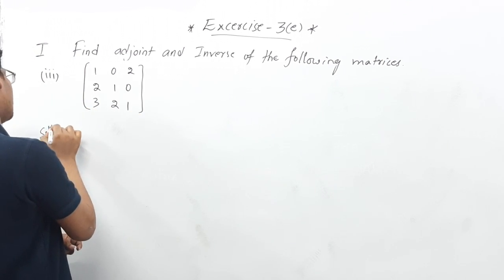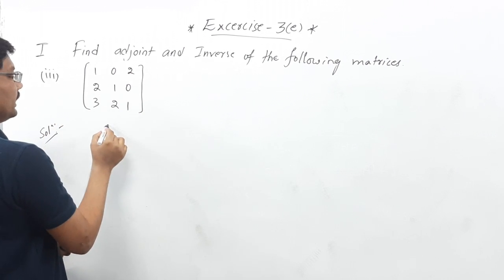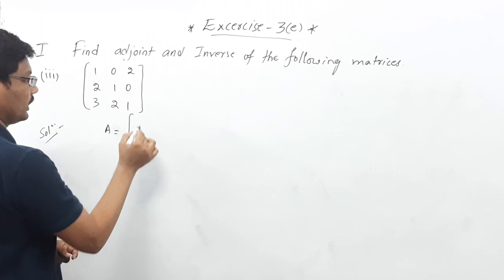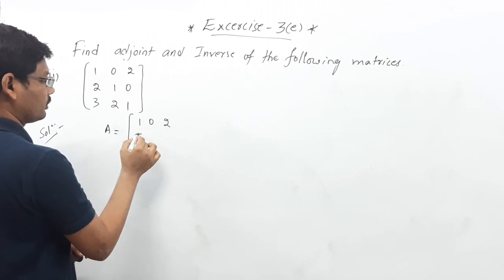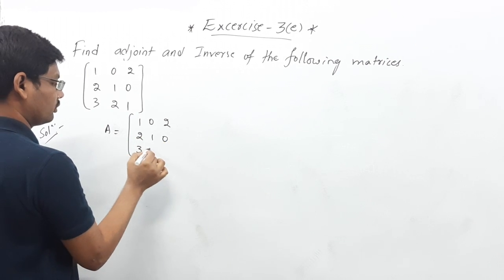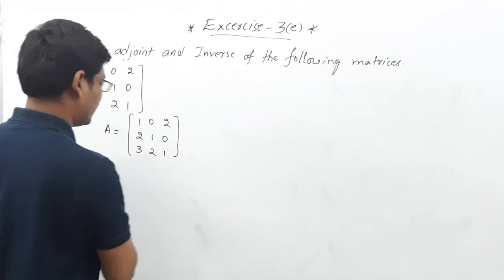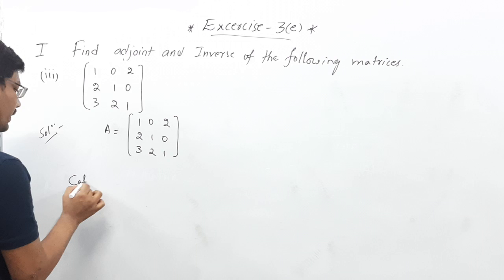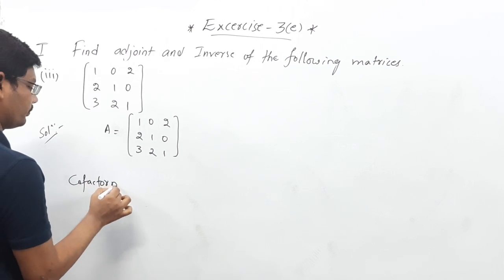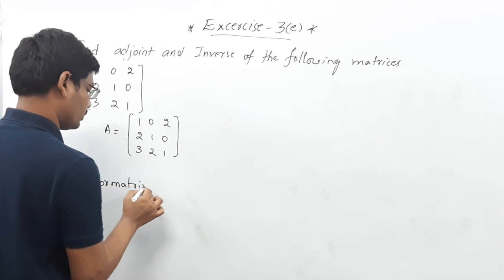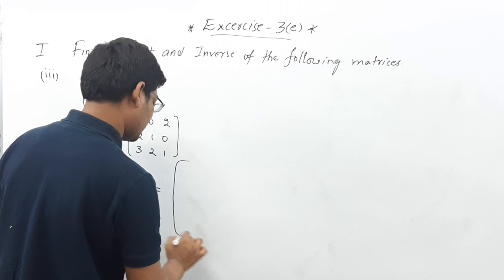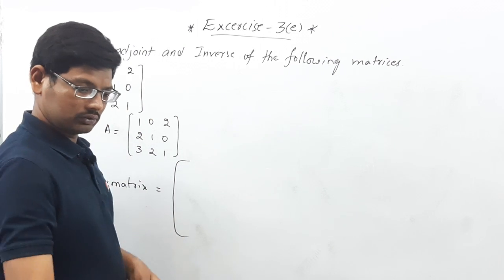So here I am directly solving. Let A be 1 0 2, 2 1 0 and 3 2 1. First I am finding the cofactor matrix. Cofactor matrix is nothing but, I am taking a big one.